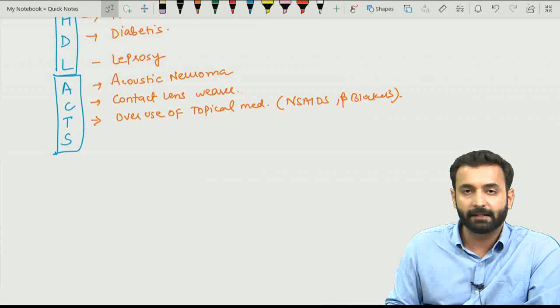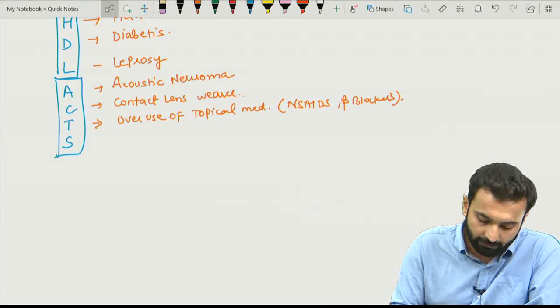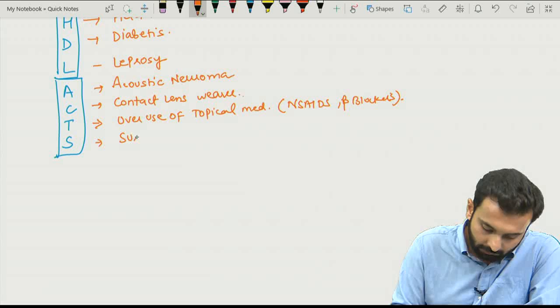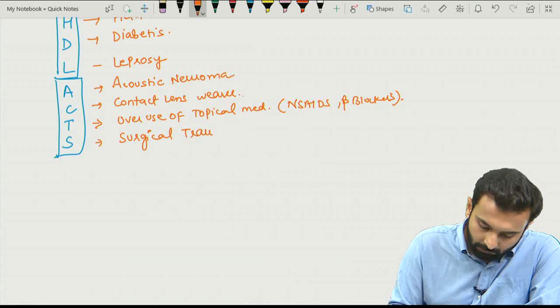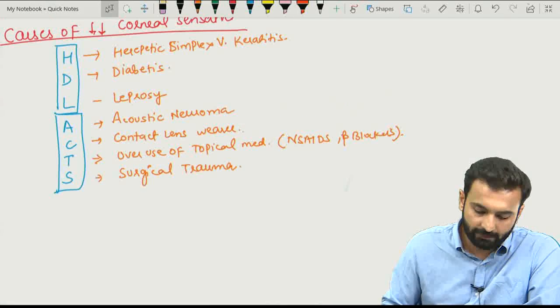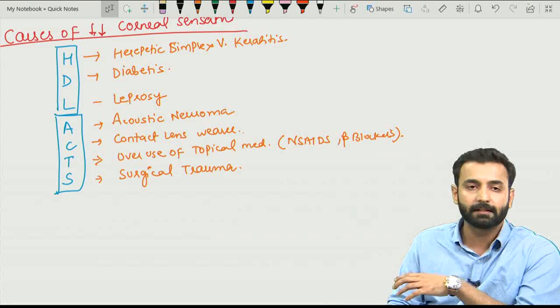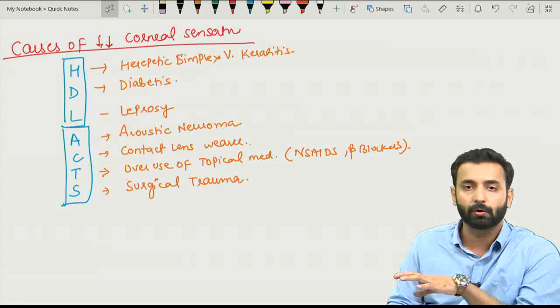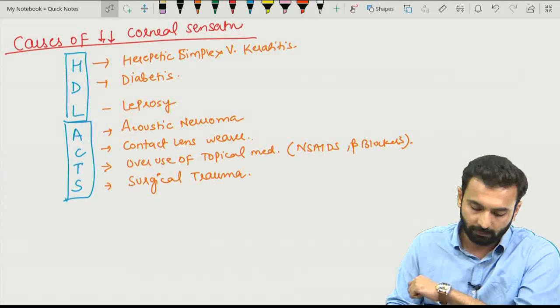Overuse of topical NSAIDs and beta blockers. And S stands for surgical trauma. So in this question, these are the causes of decreased corneal sensations that you should also keep in mind, right?